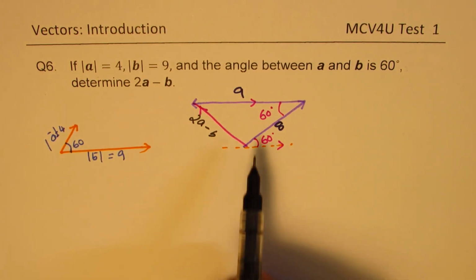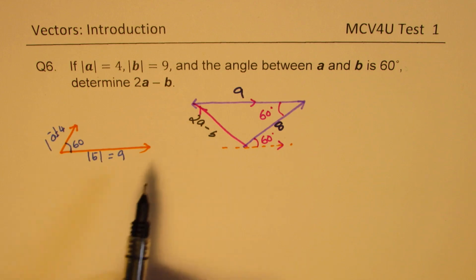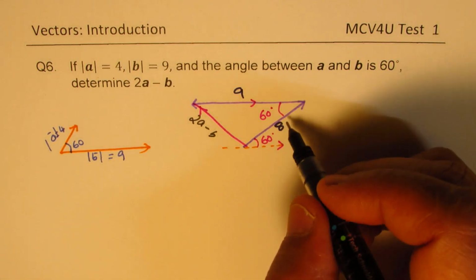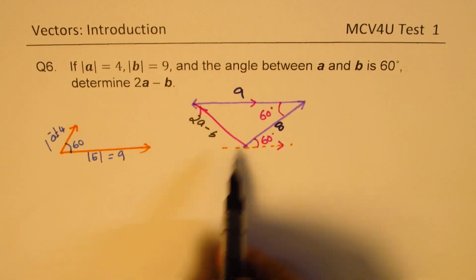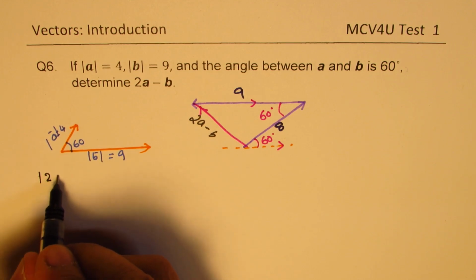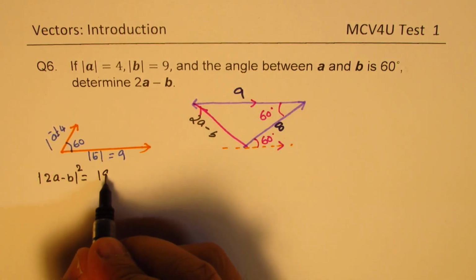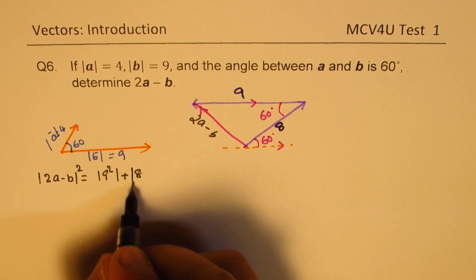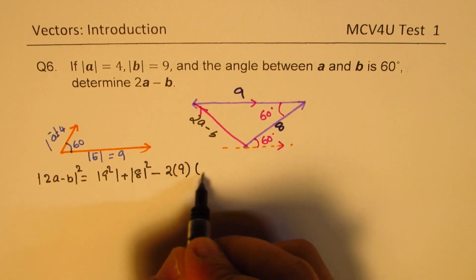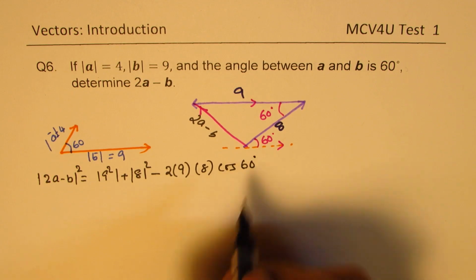Good. Now we can use cosine law to find the magnitude of this side, and then we can find its direction with one of these angles, right? We'll find with a. So let's first use cosine law. So the magnitude of 2a minus b whole square will be these two sides magnitude, 9 square plus 8 square, minus 2 times 9 times 8 times cos of angle between them, which is 60 degrees, right?